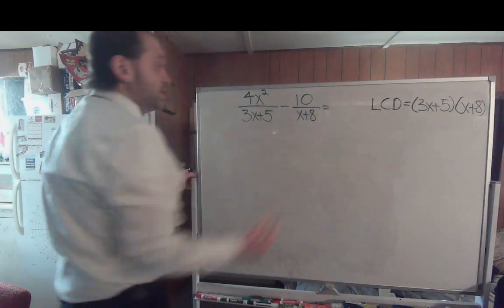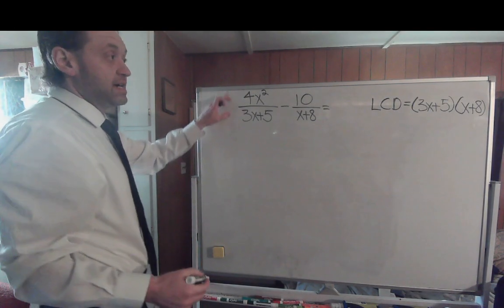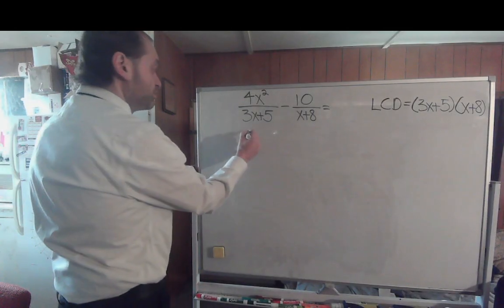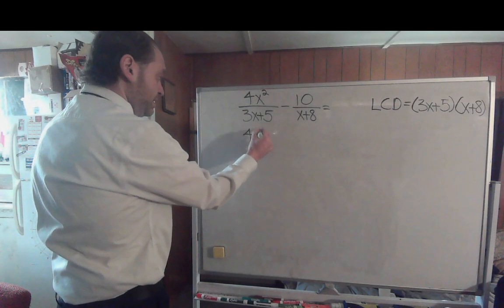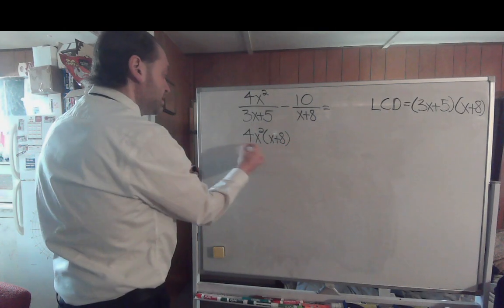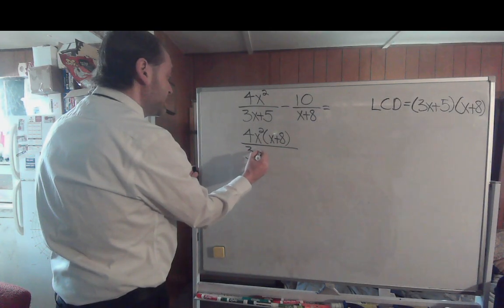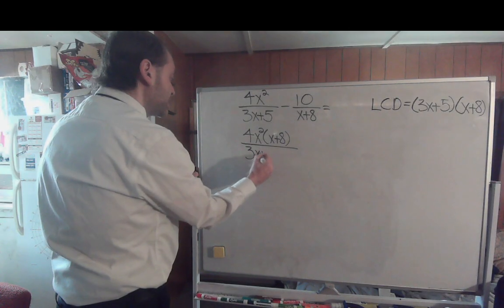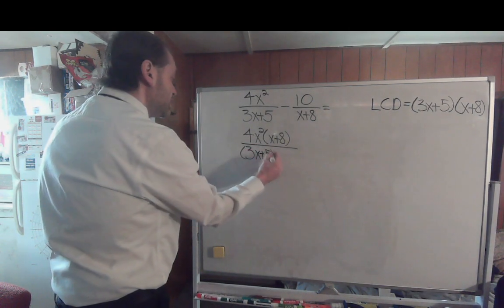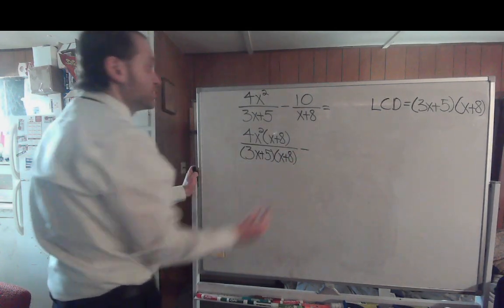Alright, so let's go ahead and achieve these least common denominators. In order to get your least common denominator on the first term, you've got to multiply both numerator and denominator by that x plus 8. So this would turn into 4x squared times x plus 8 all over 3x plus 5 times the quantity of x plus 8 minus your second term.